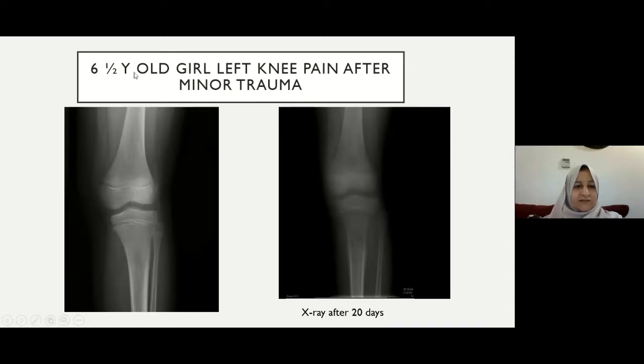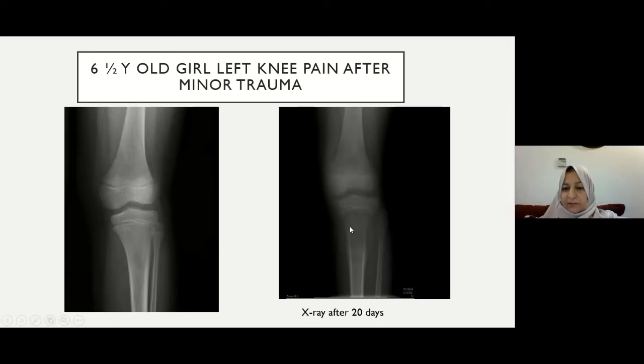Next case is a 6.5-year-old girl. She has pain after minor trauma in her left knee. The initial X-ray as well as clinical and laboratory findings were unremarkable, so they kept her for follow-up. Her follow-up X-ray showed this lytic lesion in the proximal metaphysis of the left tibia.